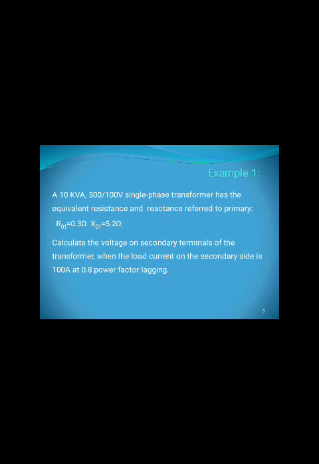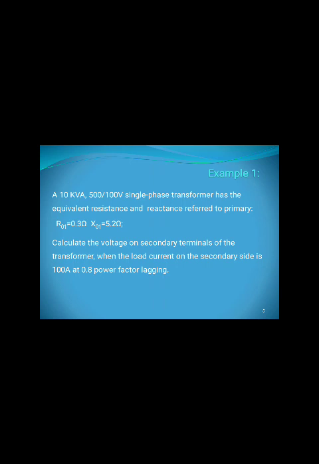A 10 kVA, 500/100 volts single phase transformer has the equivalent resistance and reactance referred to primary, that is R01 is 0.3 ohms and X01 is 5.2 ohms.